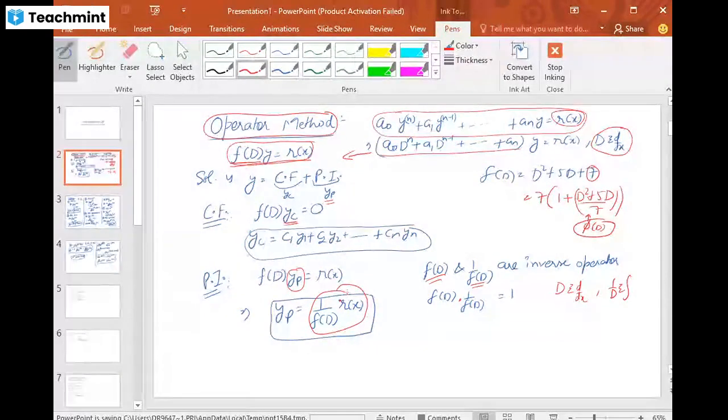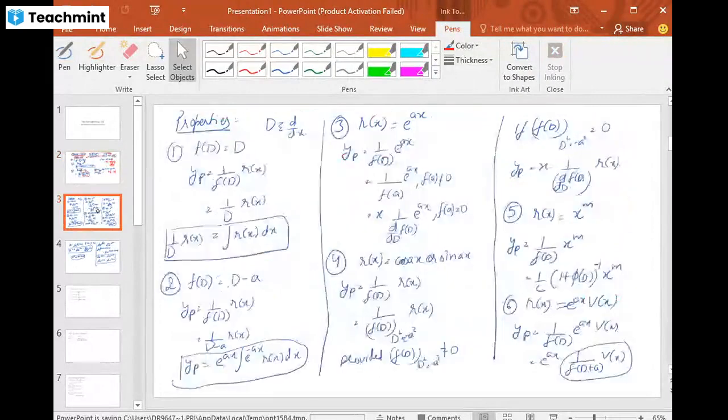Now we are going to discuss the different properties which we will use while calculating the particular integral. There are about 7 properties. The first one is the special case where f(D) is equal to D. Although we are solving a linear differential equation of higher order, these are just special cases.